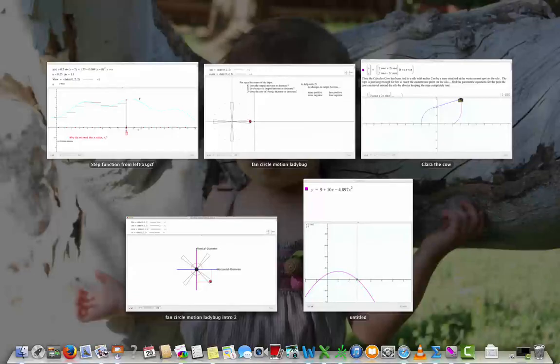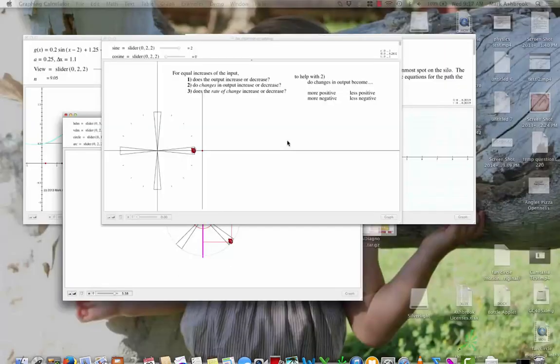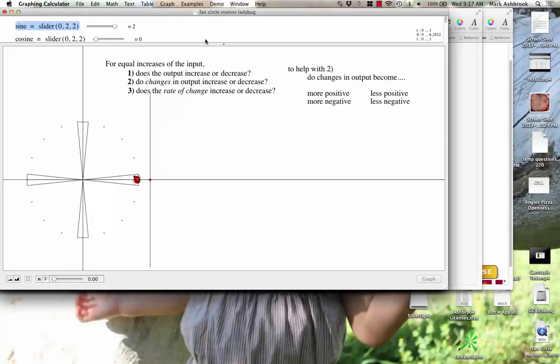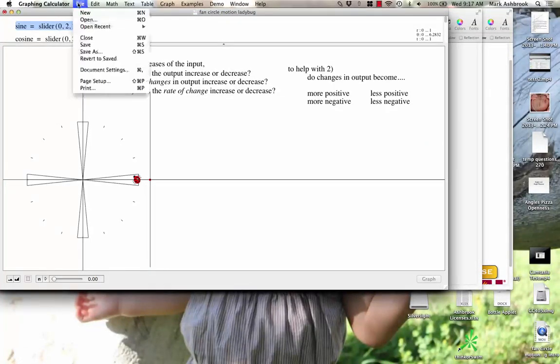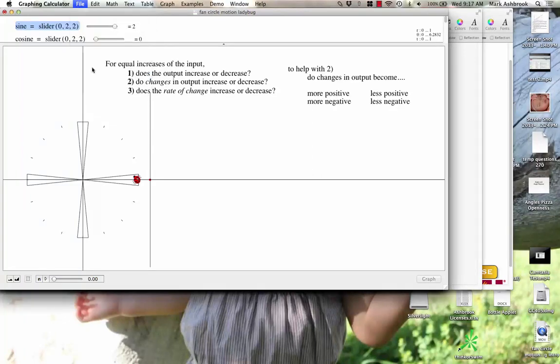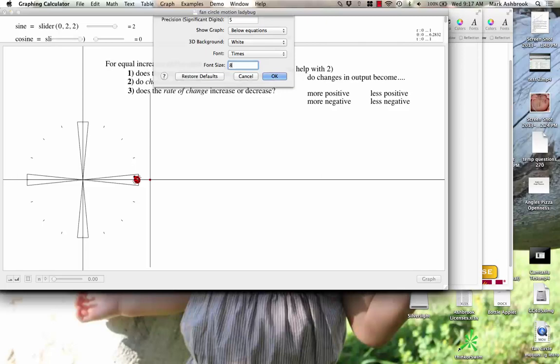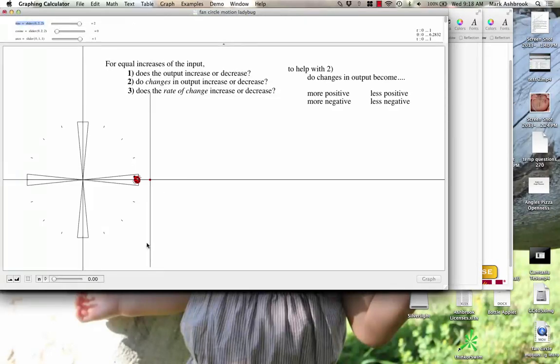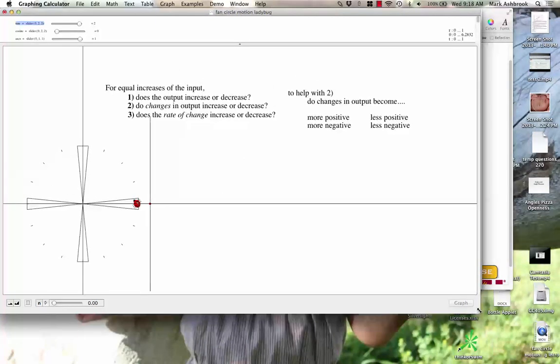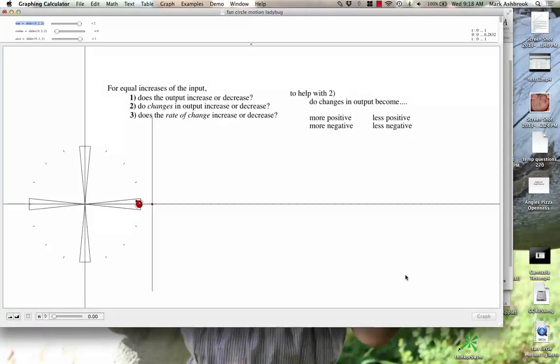And where were we? We were graphing it. What did we do?